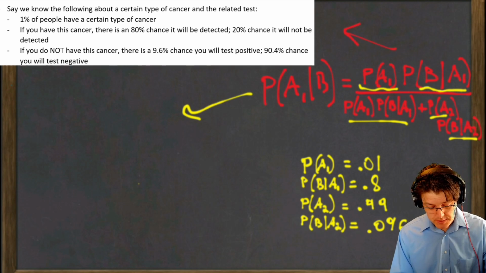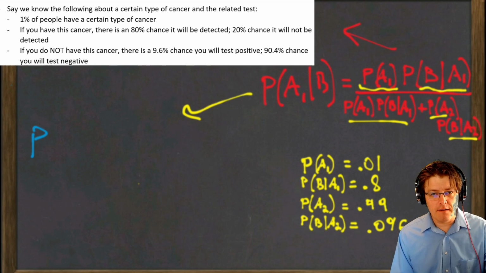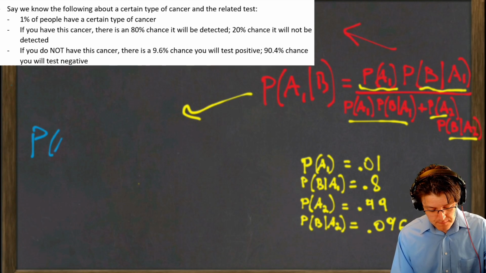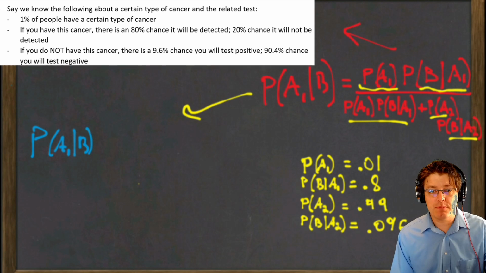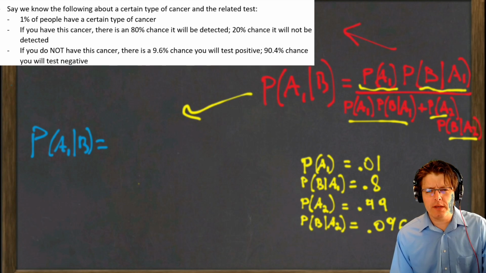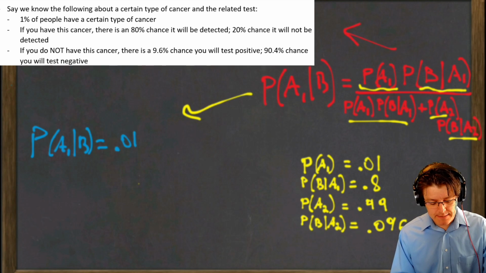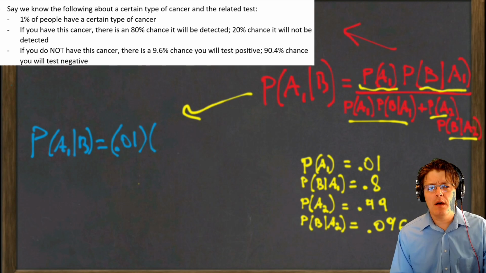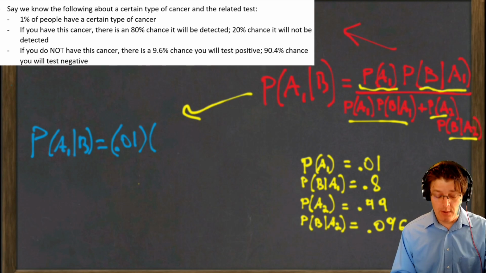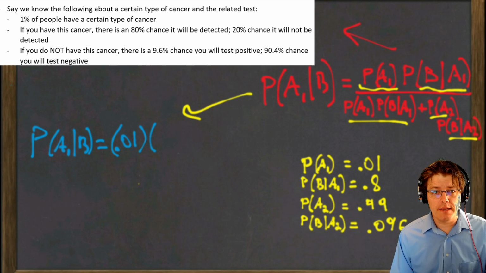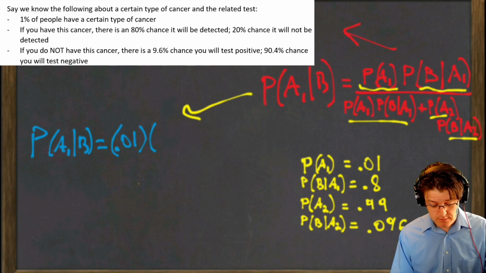The probability of A1 given B, and that's what we're after. And now let's plug in: probability of A1, we have 0.01 times probability of B given A1, which we can look at, that's 0.80, so 80%.